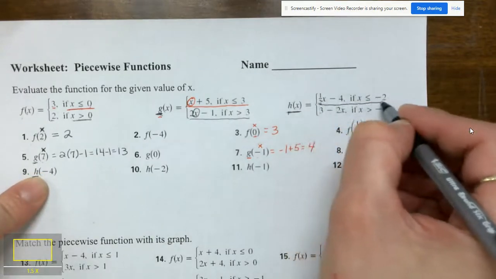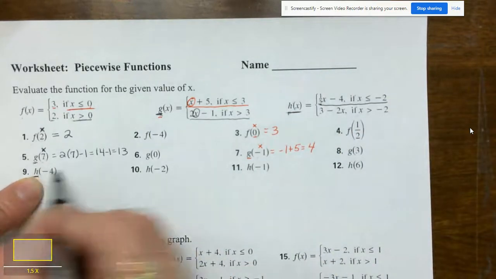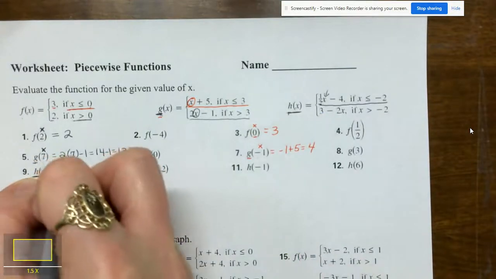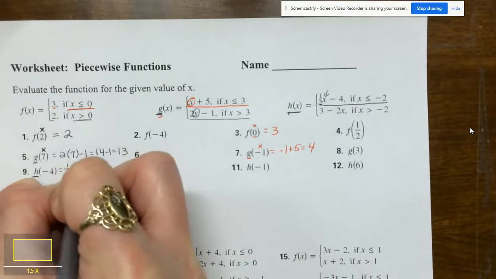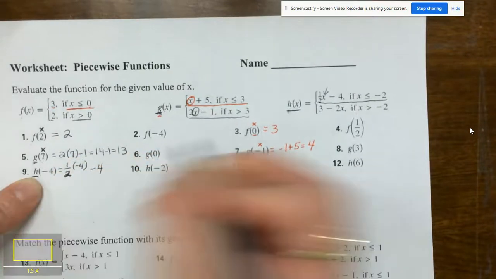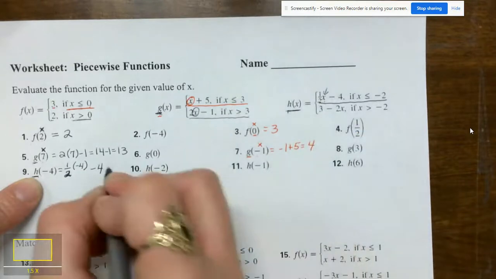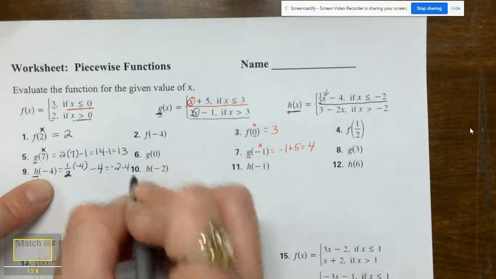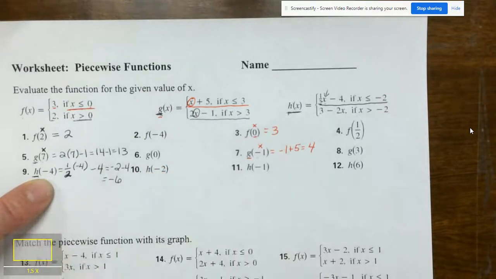So I'm using this top function, filling in -4 for this x. That's 1/2 times -4 minus 4. Half of -4 is -2, and -2 minus 4 is -6. So I get -6.